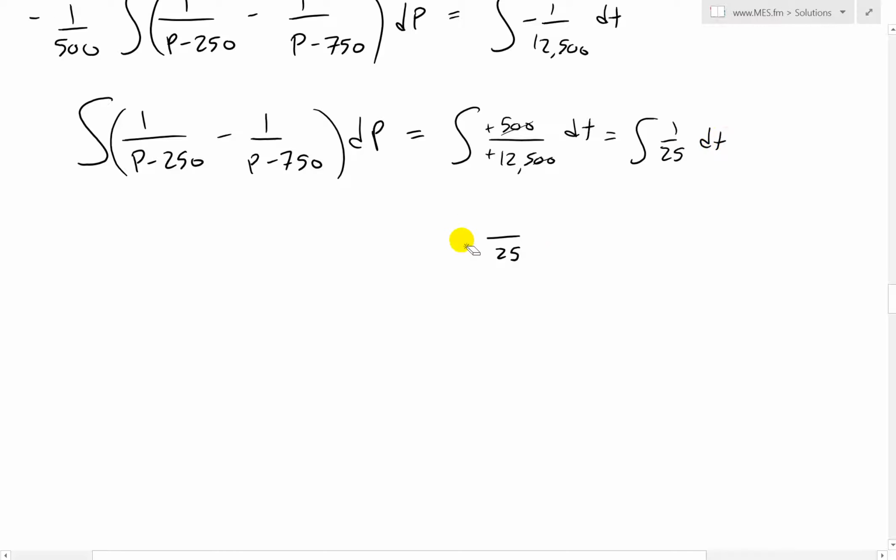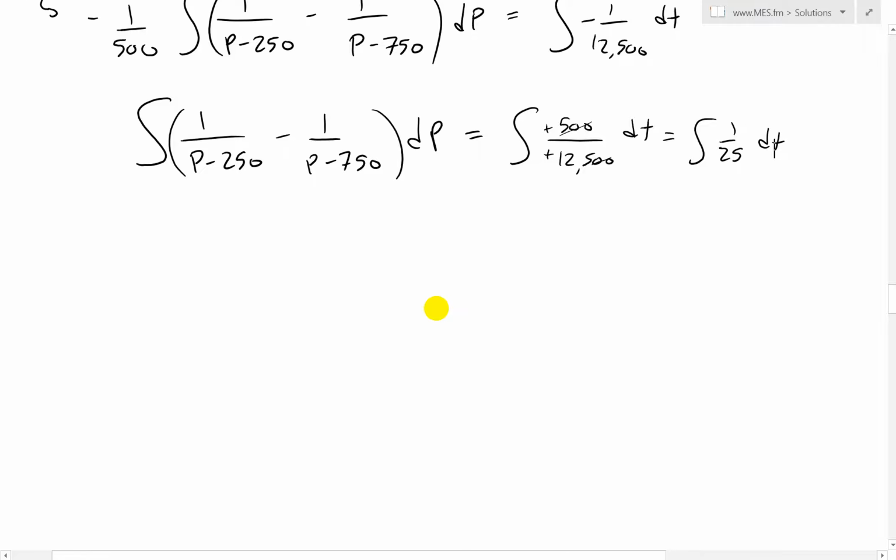Yeah, so what this means now is we could just integrate this all. Let's move it over there so I could write this on one line. And we can integrate this 1 over p minus 250. Again, recall from earlier videos on logarithmic integrals, the integral of this is just ln of the absolute value of this inside function, p minus 250, absolute value.